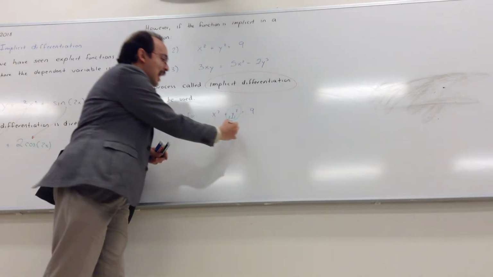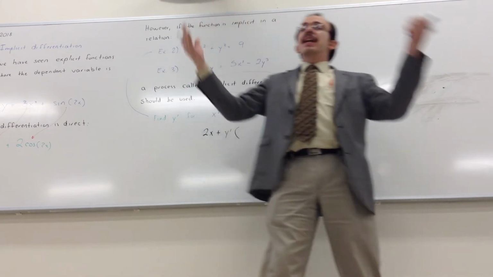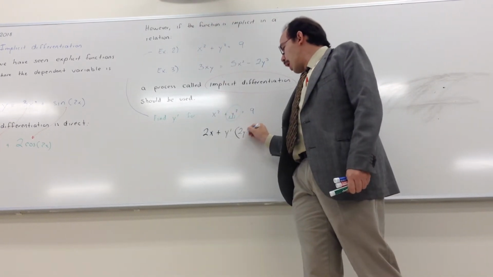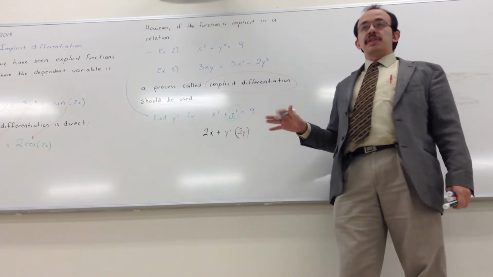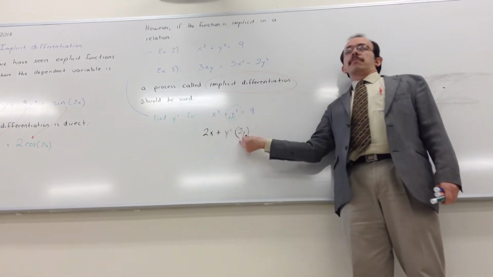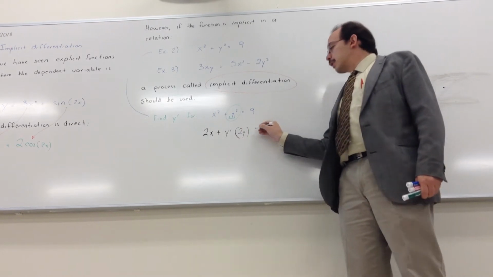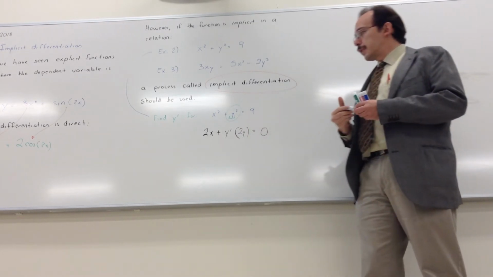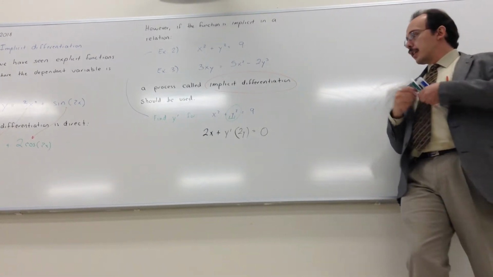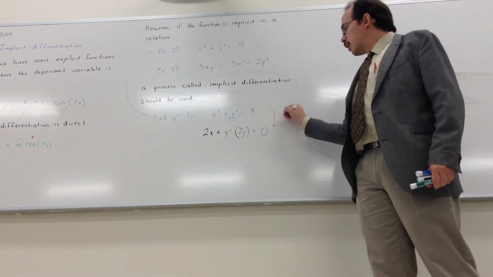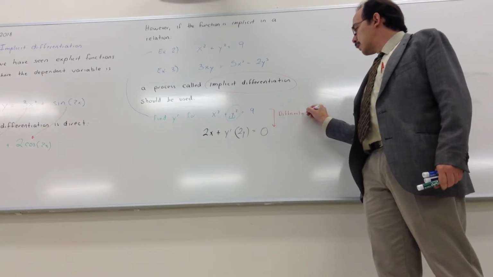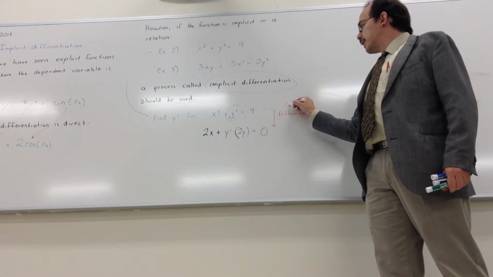Y is y prime times the big one, y squared derivative, 2y. The chain rule is y derivative y prime, y squared to 2y, equal to 0. Okay? What about 9? Okay. So from here to here, we apply the implicit differentiation.